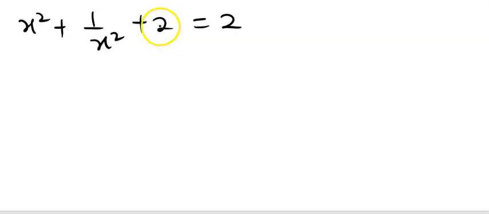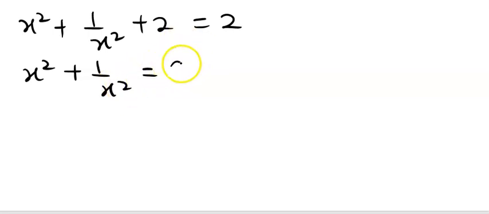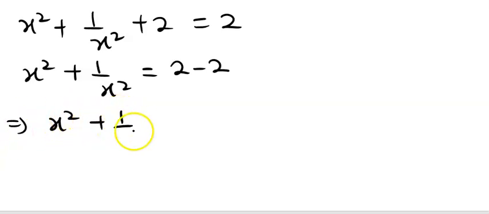So let's send 2 to the right hand side, and here it is positive, so when it gets to this side it becomes negative. Or let's subtract 2 from each side so that we get rid of the 2. So we have x squared plus 1 over x squared is equal to 2 minus 2. So this implies that x squared plus 1 over x squared is equal to 0.